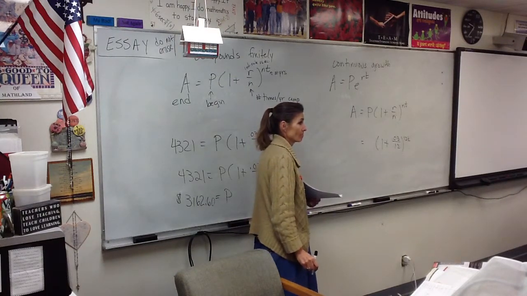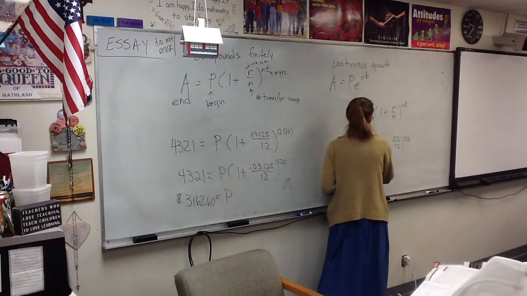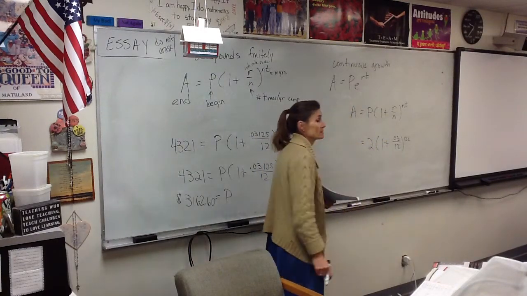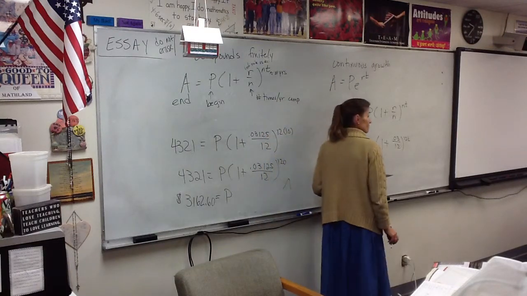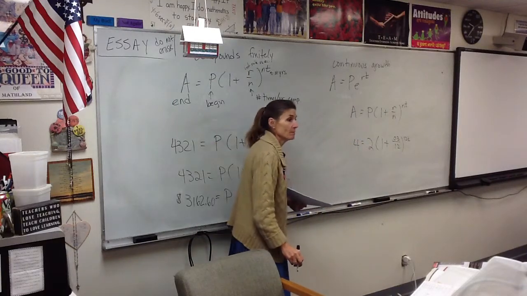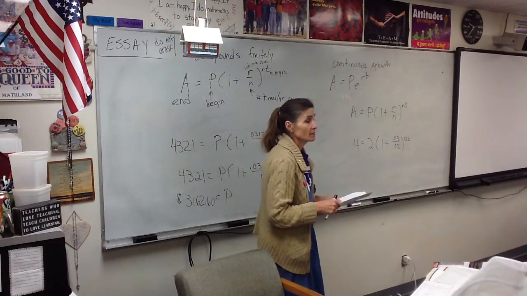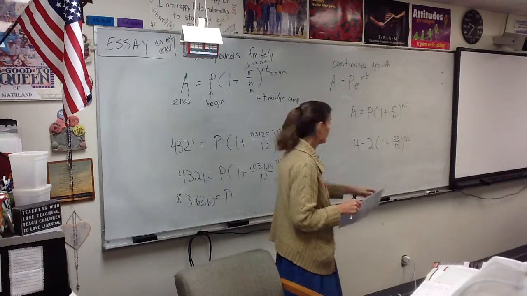Should we put a 2 where the P is? I can put anything I want where the P is. So I can put a 2 where the P is. If I put a 2 where the P is, then what do I have to put where the A is? A 4. Because what's happening in this problem? We are doubling. So could we have started with 5? Could P have been 5?